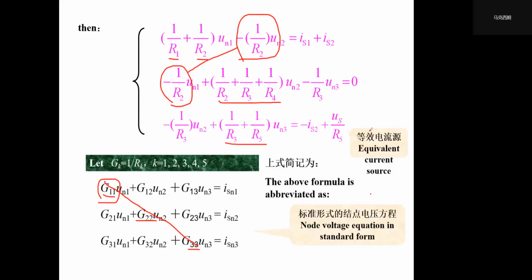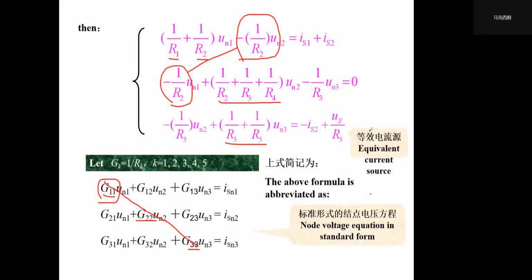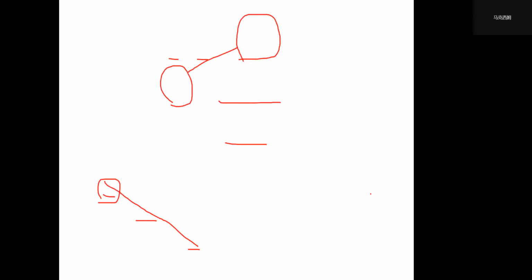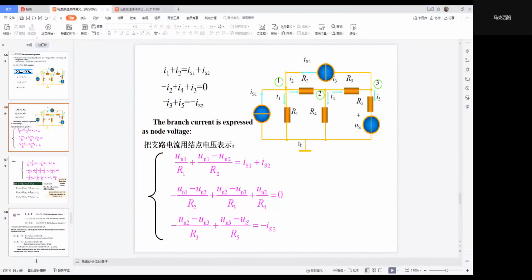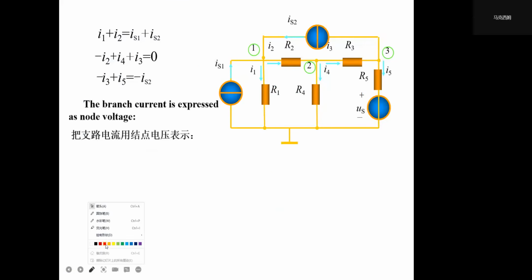Going back to the circuit, for node 1 and node 2 there's only one resistor between them.